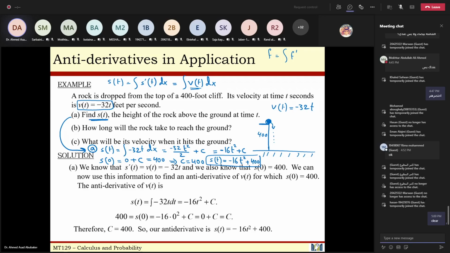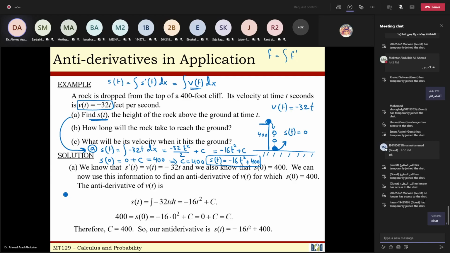Number B, how long will the rock take to reach the ground? To reach the ground, the distance between the ground and the rock goes to 0. So at s of t equals 0, we can find the time that the rock reaches the ground.